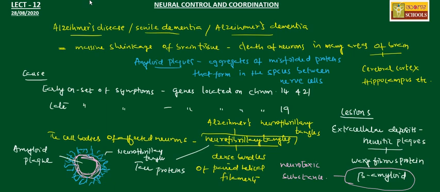Usually, as I have discussed, they are seen in Alzheimer's disease, and they develop first in the areas of the brain where there is memory and cognitive function. Because of this, the person loses memory, and that's why we also call this disease Alzheimer's dementia.